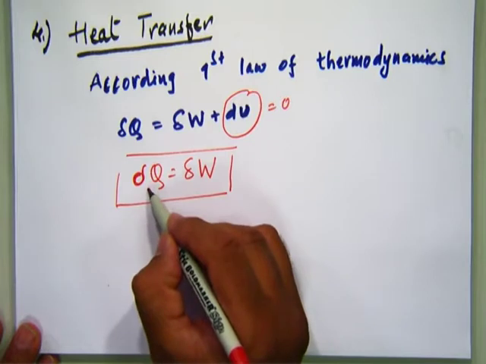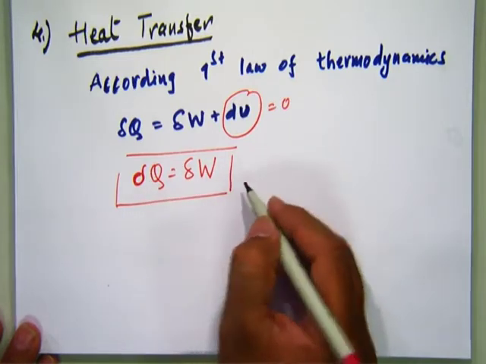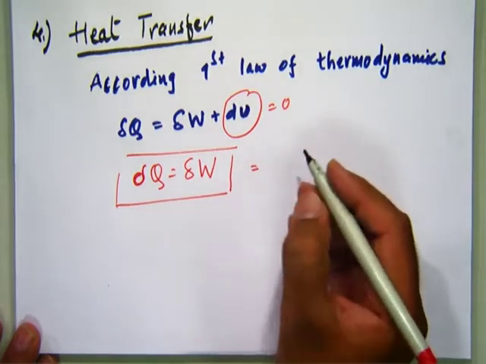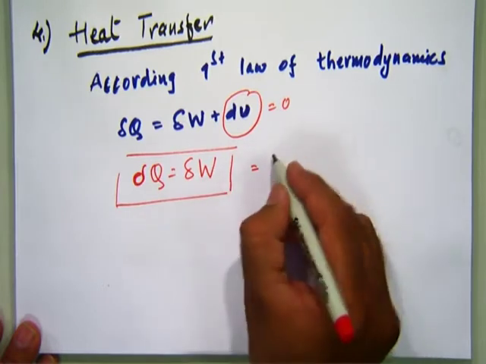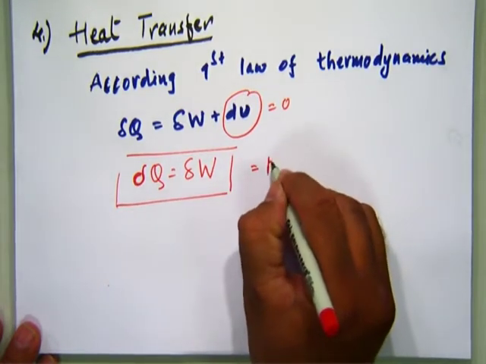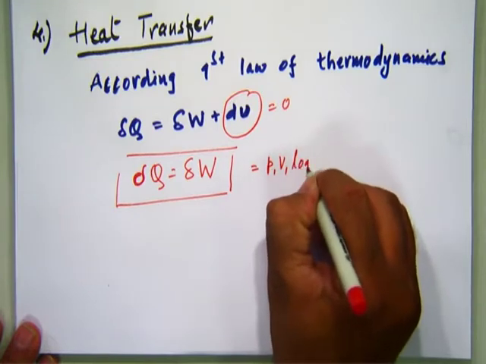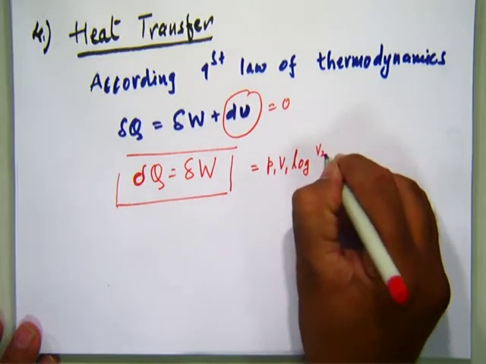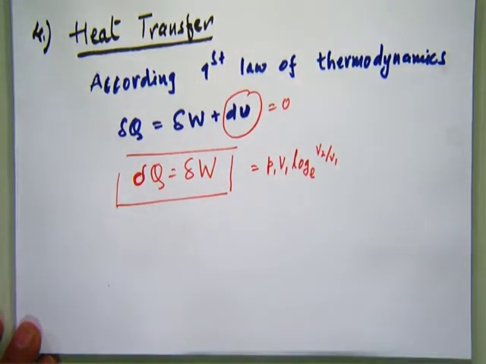Whatever the change in heat transfer, it is associated with the change in work done, and you can write down that delta Q is equal to P1 V1 log V2 upon V1 to the base e.